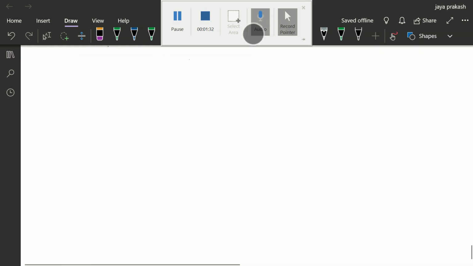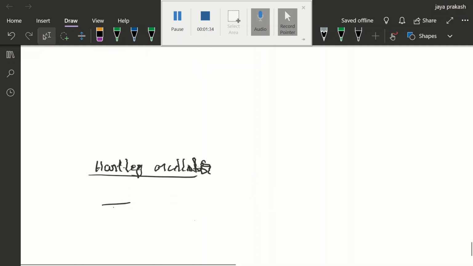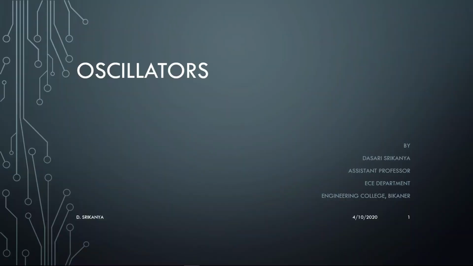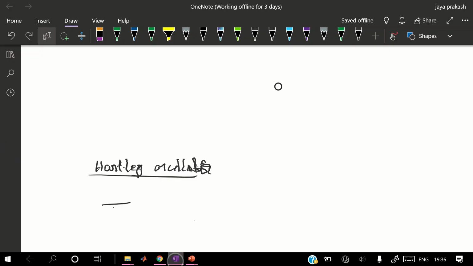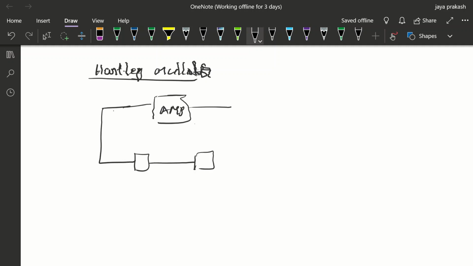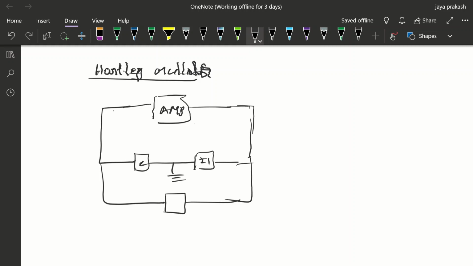In the block diagram of an LC oscillator, it contains two blocks. One is the amplifier and the other is the feedback network. If the feedback network consists of L and C elements, it is said to be an LC oscillator.